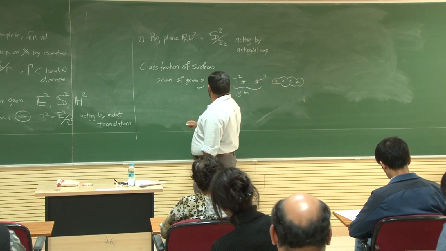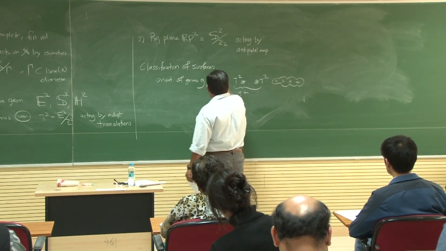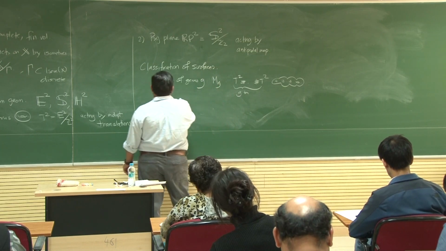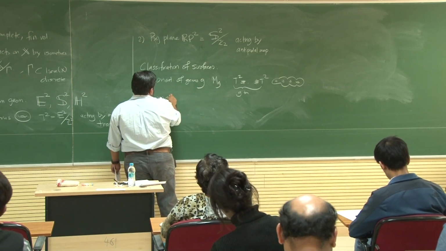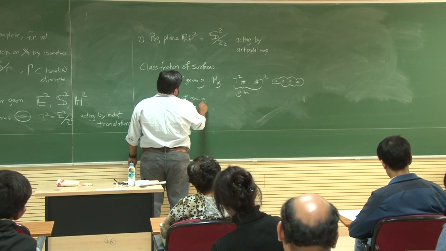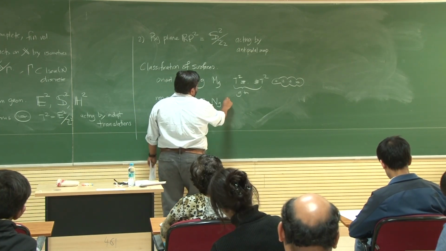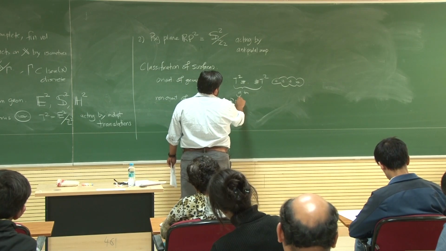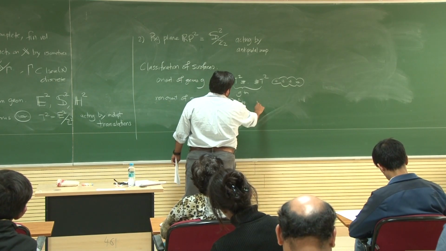If g is equal to 0, it is S2. And the non-orientable ones are the connected sums of g RP2s.